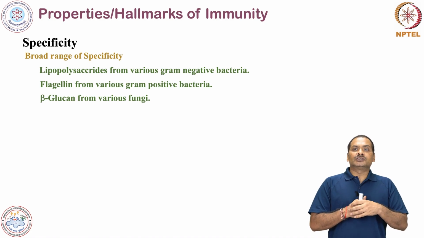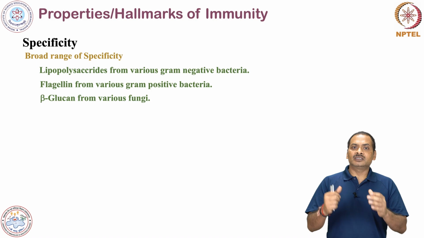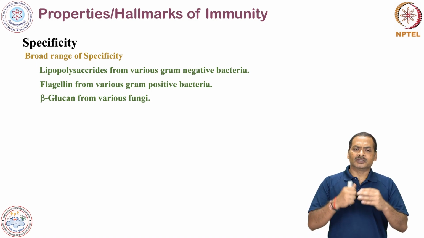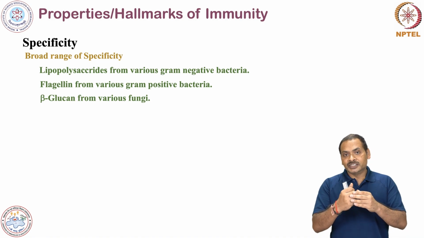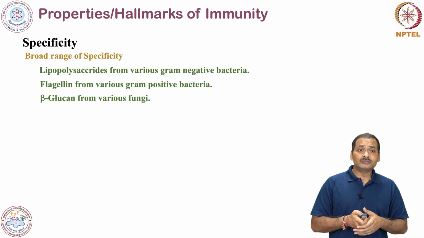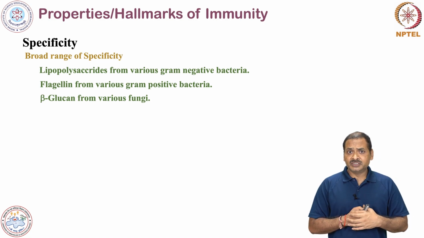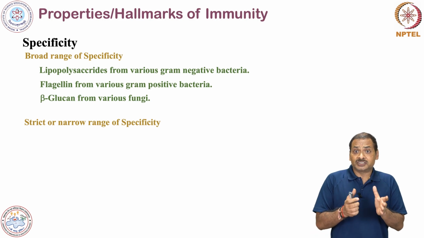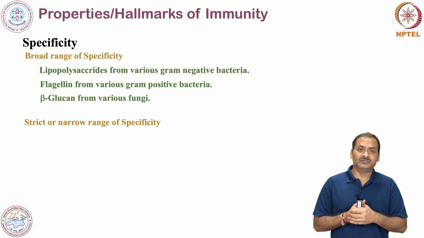Okay. So for the time being, you just understand there is a pattern recognition receptor which will sense the signature of a pathogen and induce the appropriate immune response. So specificity could be a broad range specificity, or it could be a very strict or narrow range specificity.